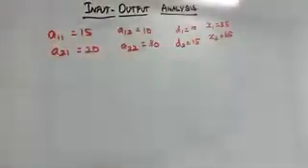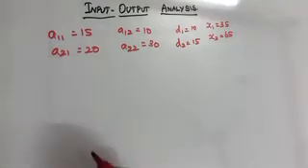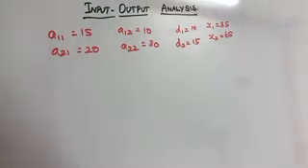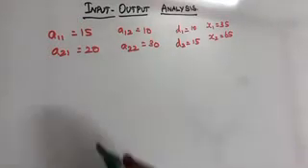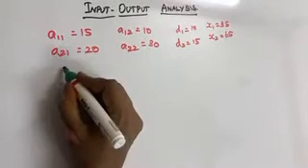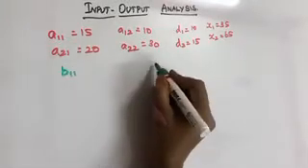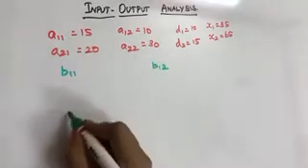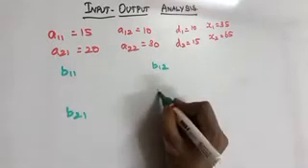Let's solve this. First, we have to find the technology matrix. It is B, the technology matrix. What are the elements of the matrix B? B11, B12, B21 and B22.